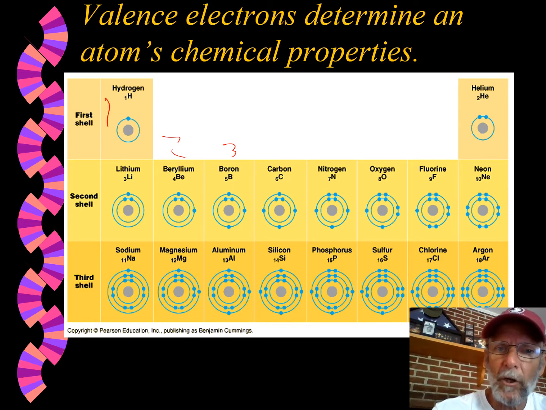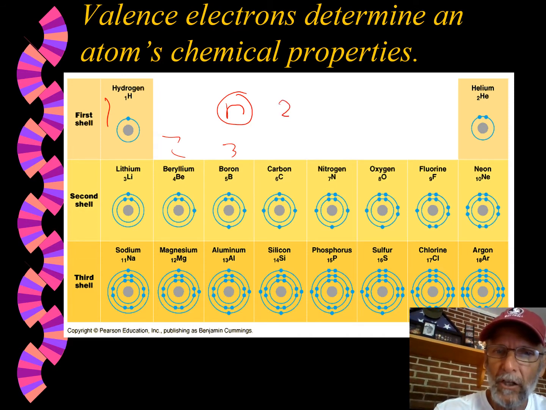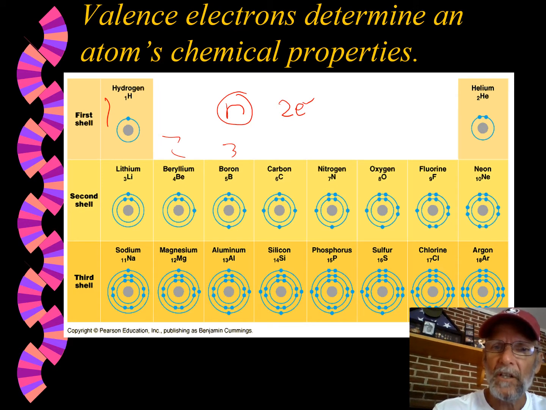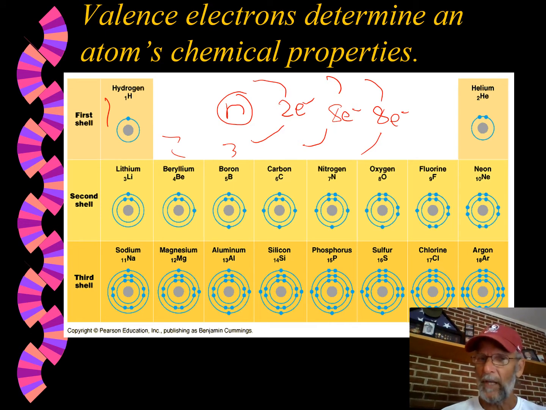So here's the very simple rule. Here's the nucleus of an atom. An atom has electrons around it, number-wise, in very distinct amounts. The very first shell can have a maximum of 2 electrons. The second shell orbital can have a maximum of 8, and then 8, and then 8, and we're simplifying this just a little bit, but this is called the rule of 8.